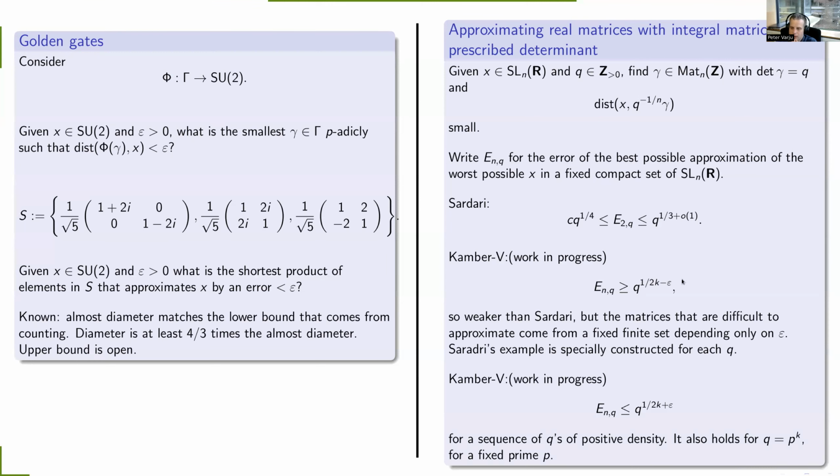Apologies for the mistake, the k is supposed to be n. And if you choose q, not arbitrary, but for certain q's, you get a matching upper bound, and these good q's have positive density, and in particular, it applies in the case when q is a power of a fixed prime, which is perhaps one of the most interesting cases. So in this analog of the problem, the optimal exponent is q to the 1 over 2n.